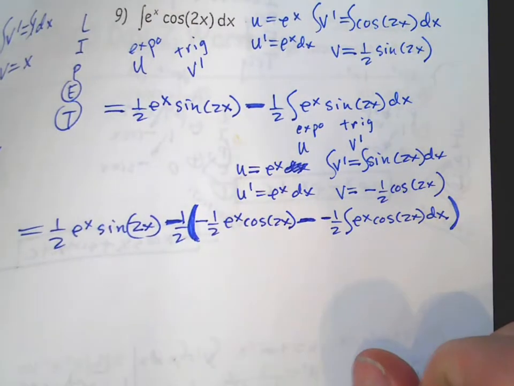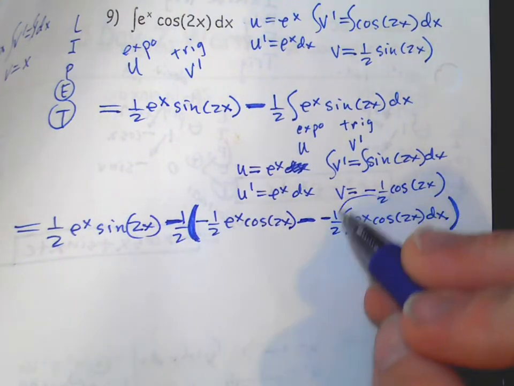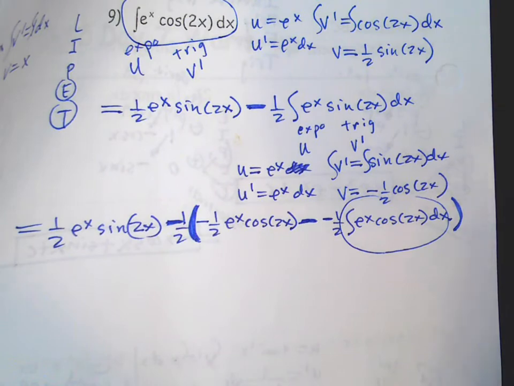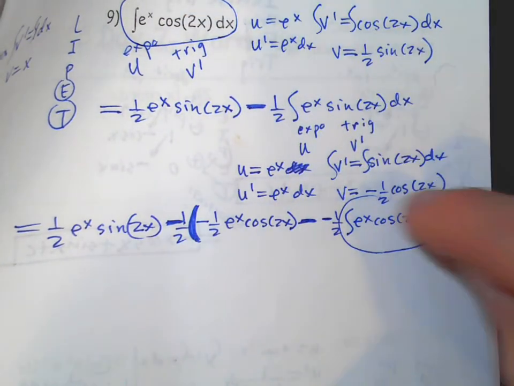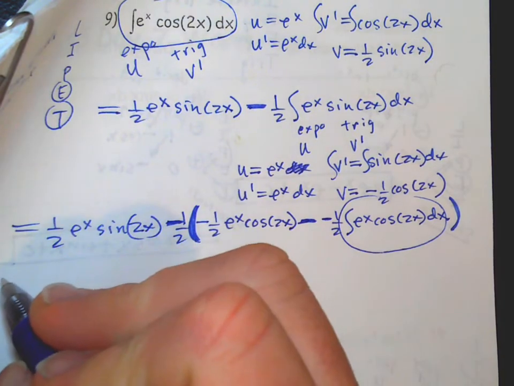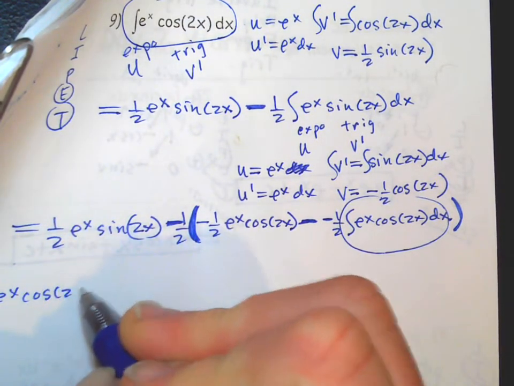But here, let's use this, okay? The fact that this is what we started with, we can use that to our advantage. So if you get caught in one of these, you want to keep going until you get what we started with. Because check this out. I could say, all right, let's rewrite this. We're going to say the integral of e to the x cosine 2x dx is what we started with, right?